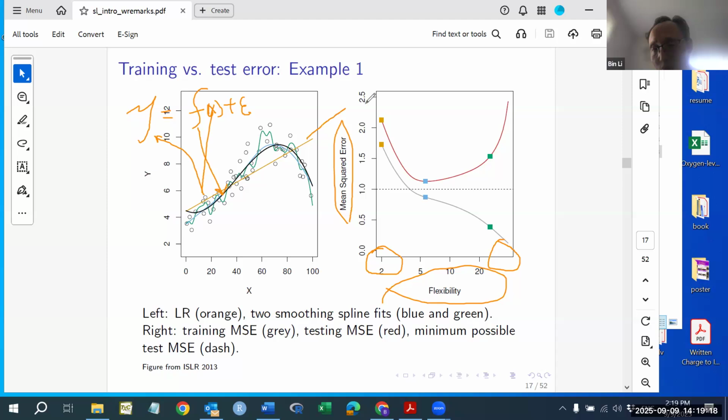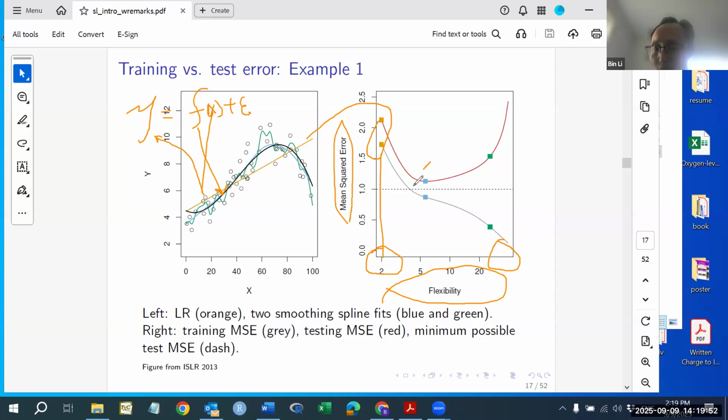Obviously, that's the orange model. That's why it's on the left side. So the model flexibility is 2. Why 2? If you're familiar with simple linear regression, the degrees of freedom is 2: 1 degree of freedom assigned to the intercept, 1 assigned to the predictor X, right?